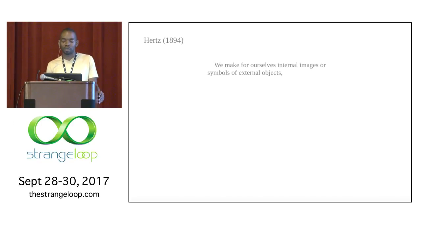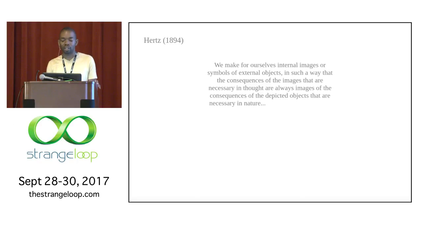And before him, a physicist, Hertz, who you may have heard of, he was thinking about the same thing. And he said, we make for ourselves internal images or symbols of external objects in such a way that the consequences of the images that are necessary in thought are always images of the consequences of the depicted objects that are necessary in nature.